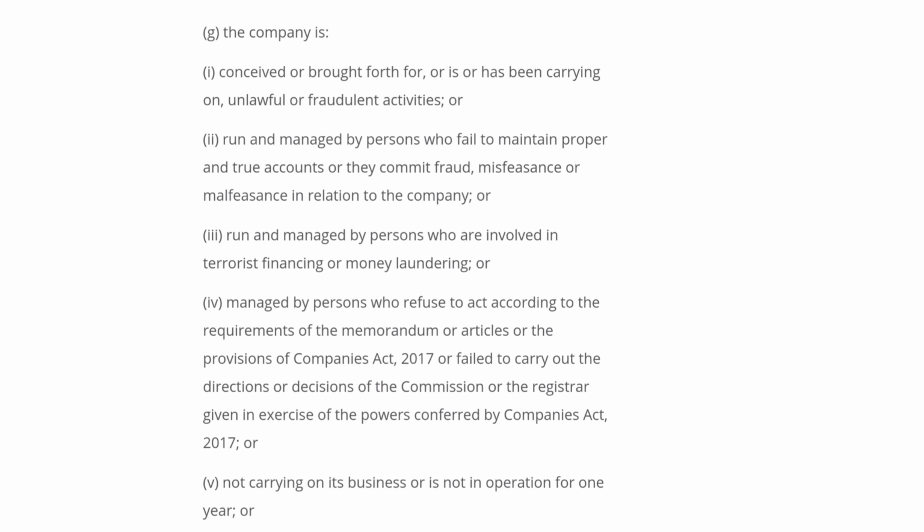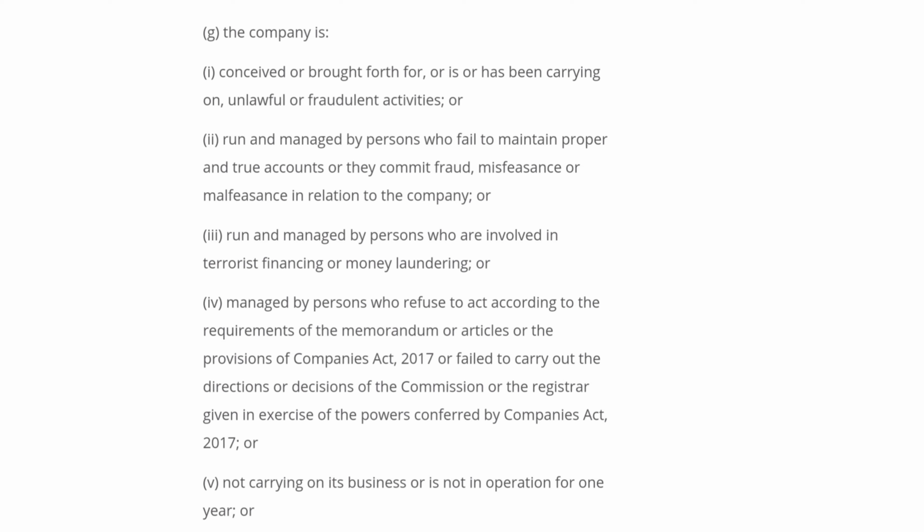So in short, the Commission is empowered by the Companies Act itself to create those further rules and regulations, and one example that we have looked at and talked about is the 2018 SECP regulations. So yes, as far as the fourth subcategory for this seventh ground for the revocation of license is concerned, just remember that the company has to be managed by persons who agree to comply with the memorandum and the articles of association of the company, that is the NPO.